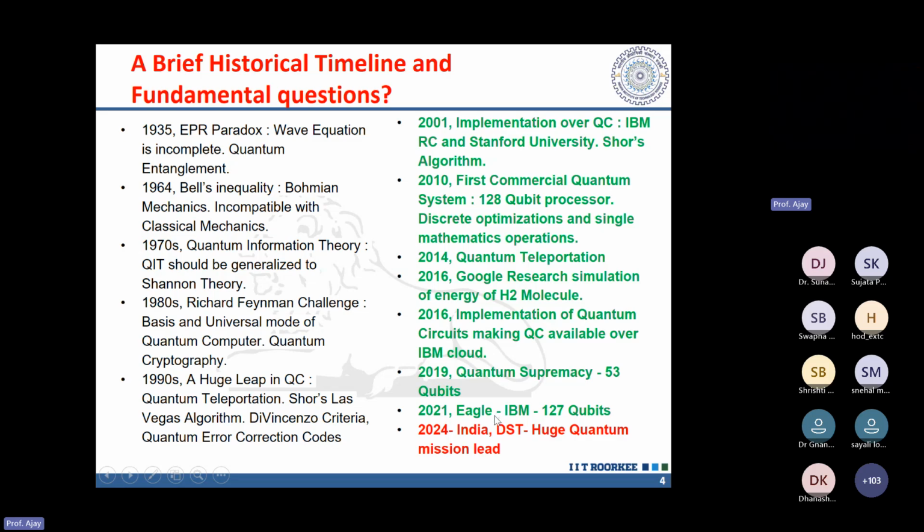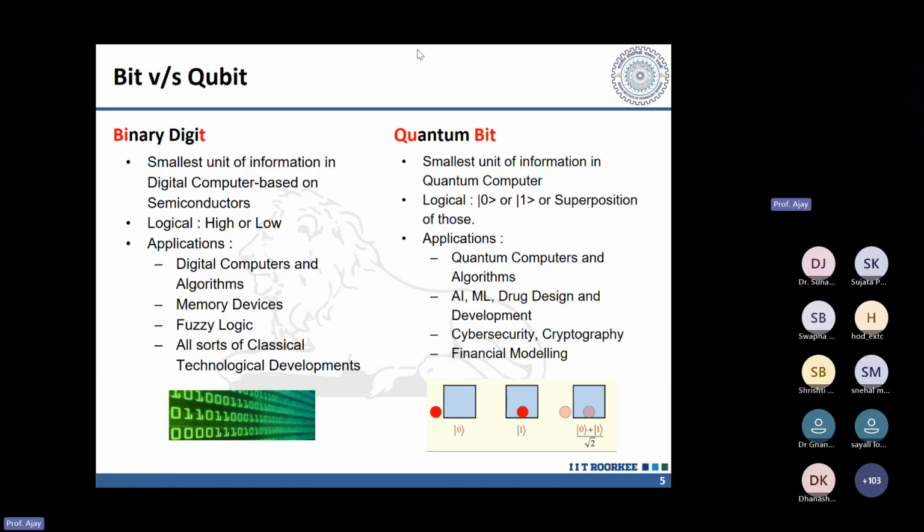So with this background, let me start with what the real bit and qubit system is. A bit, you know, to transfer information, you have to digitalize it in terms of 0 or 1, because either the state is high or low. It can be done by a semiconducting system like your laptop or mobile. They are all based on semiconductors because there is a band gap.